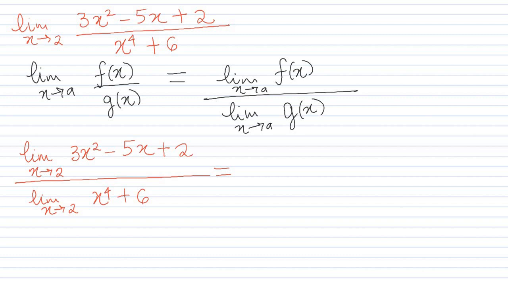And that is going to be the first application of the quotient rule of limit laws. I'm going to write that here. For those of you who are seeing this for the first time, this is what it is. Quotient rule of limit laws.